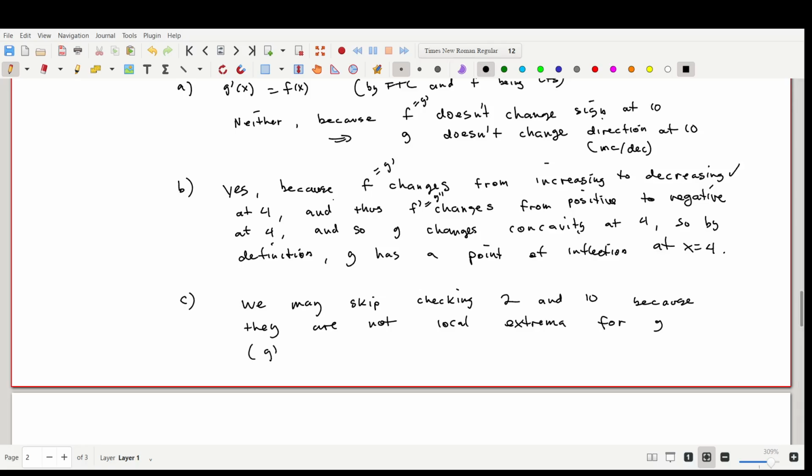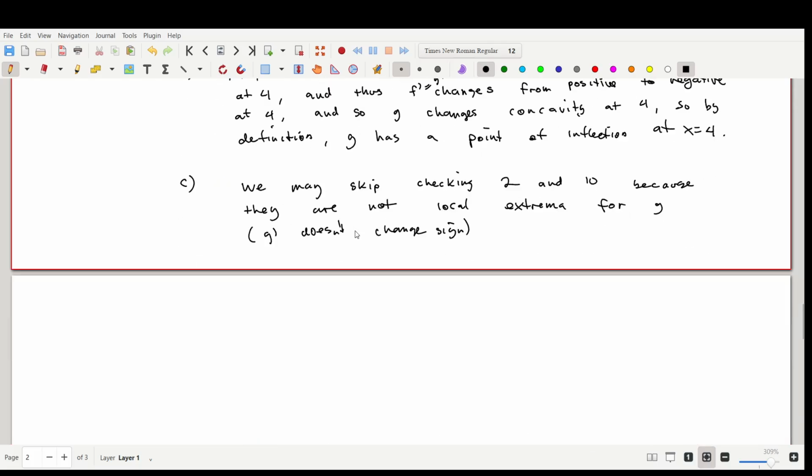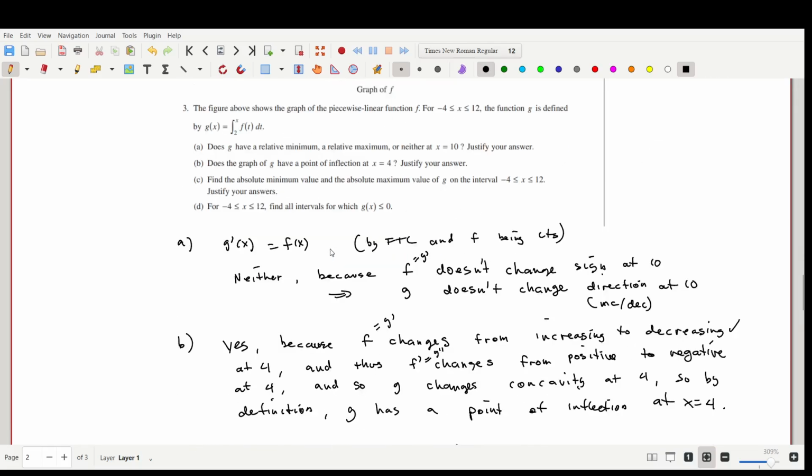I might say G prime doesn't change sign. All right, so you just gotta check the other ones, mins and maxes, I guess. All right, so make a little table: -4, -2, 6, and 12.